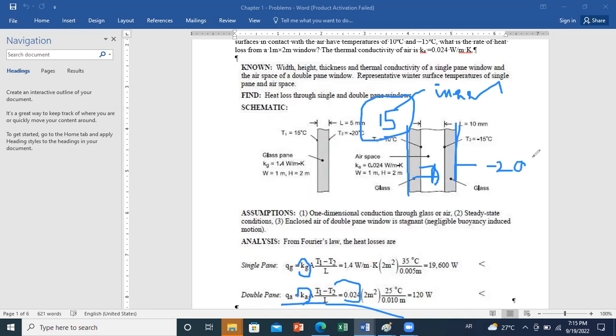You can then find by calculation what the temperature is at the limit of the air layer. How to do this?